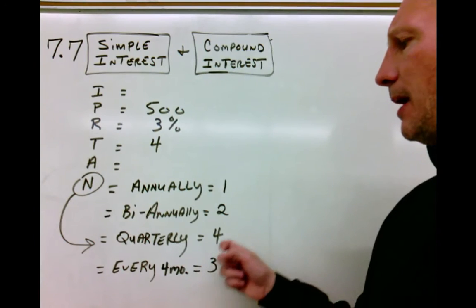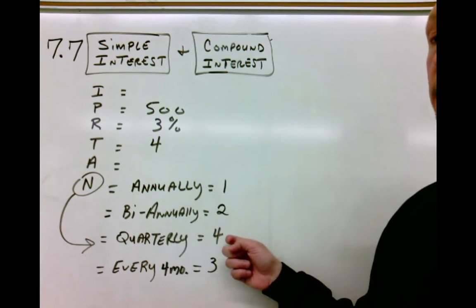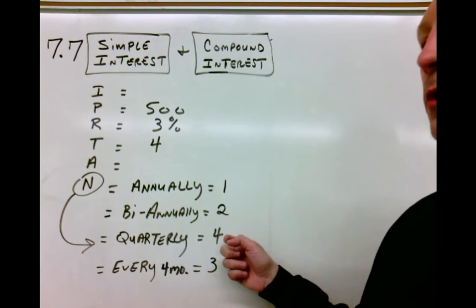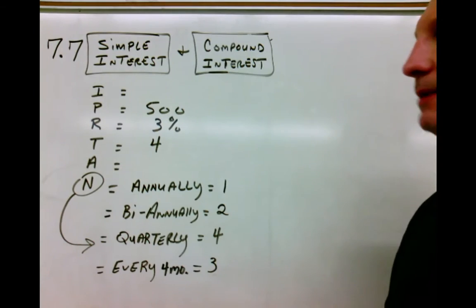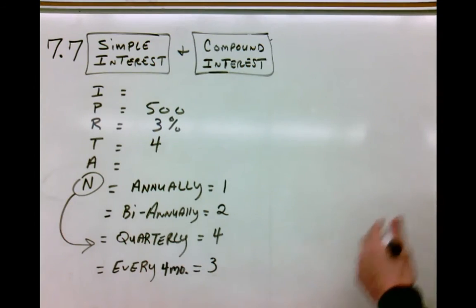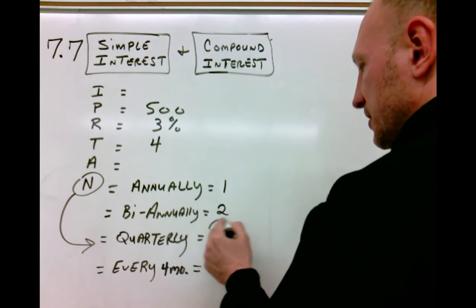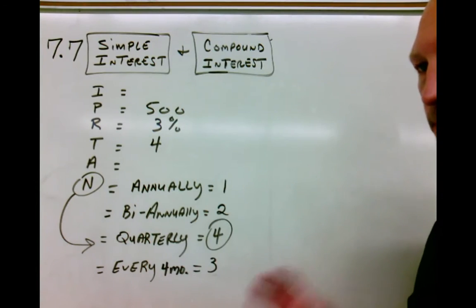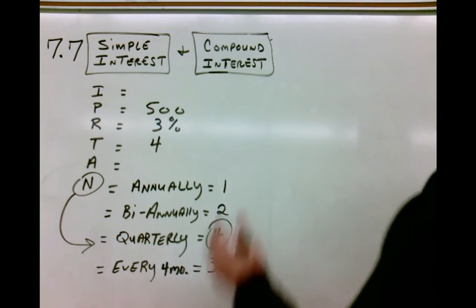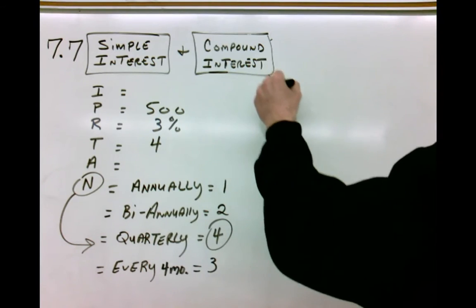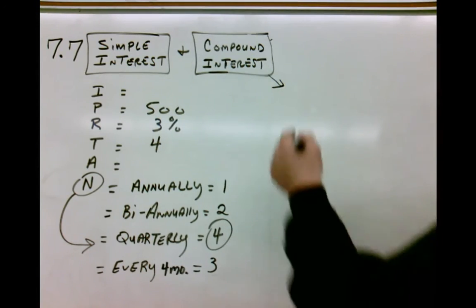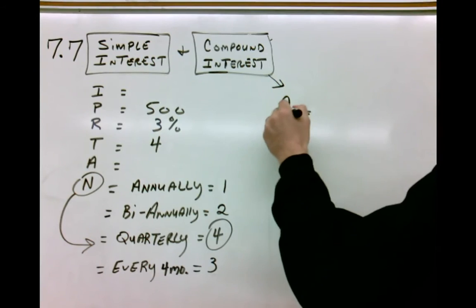So we're going to do this problem where, let's say they say every quarter it's compounded. So our N value for this particular question is going to be 4. And here comes the equation, the big compound interest equation, probably the most difficult that we're going to see in this class.